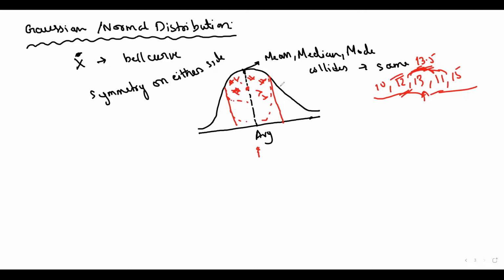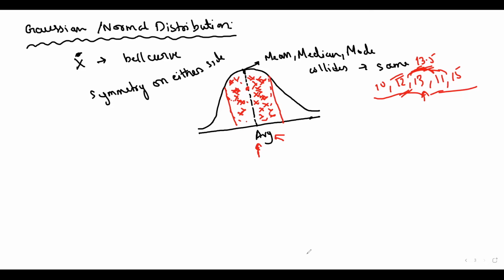That is the reason: if the majority of the points are in the center, then if we take the average, all these points can be referred to by this average value. So that's a very important point in normal distribution: most of the data points will be centered around the mean, median, or mode.